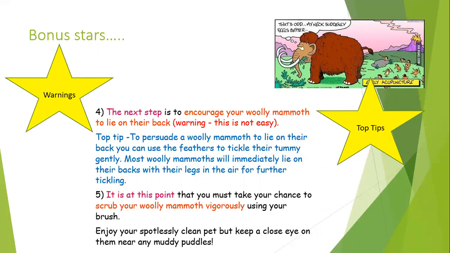Quite often instructions have top tips, so they give the reader some good advice on how to make things go more smoothly. And your last bonus star is you can add a last sentence. Now this comes after your very last step, and I'll read mine for you. Enjoy your spotlessly clean pet, but keep a close eye on them near any muddy puddles. It's just a way of signing off.